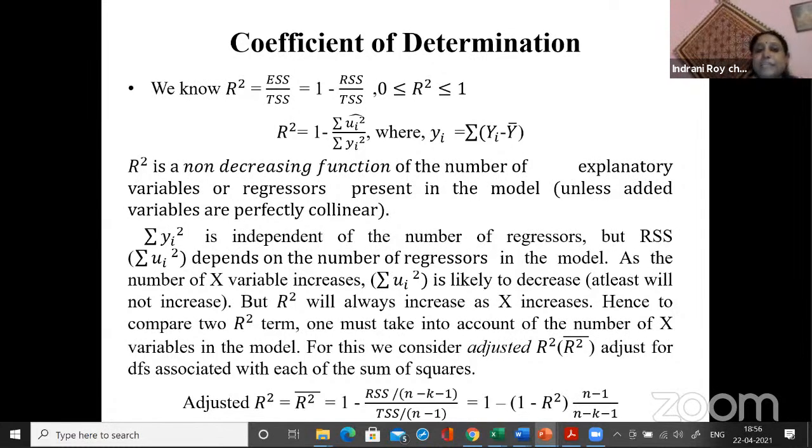So the difference between R square and R bar square is that R square will always increase if you increase explanatory variables. But as a researcher, you know that as you increase the explanatory variables, your explanatory power increases, but you are losing the degrees of freedom.